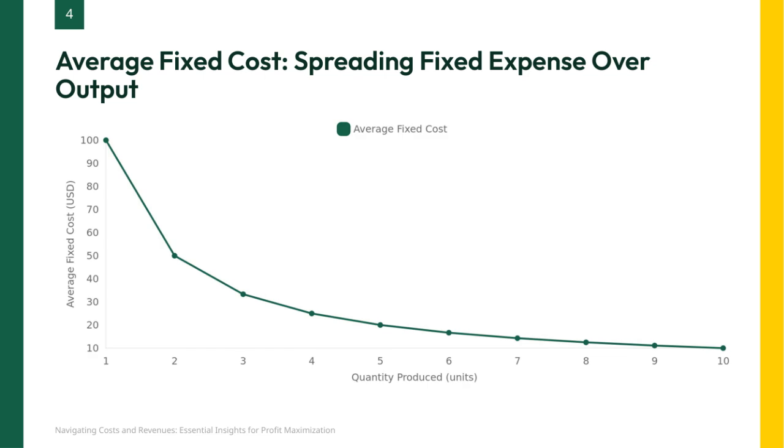For example, when only one unit is produced, the average fixed cost is quite high at $100, but by the time production reaches 10 units, that cost drops significantly to just $10 per unit. This concept is important because it highlights how increasing production can lower per unit costs, which is a key factor in achieving economies of scale and improving profitability.